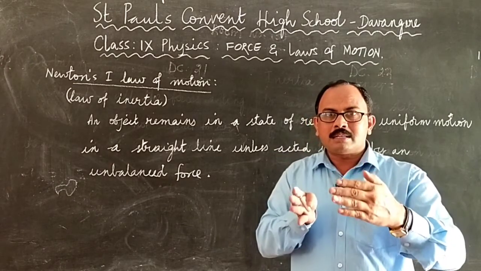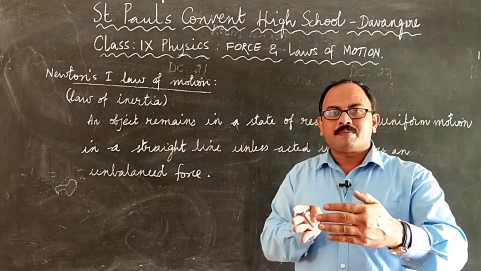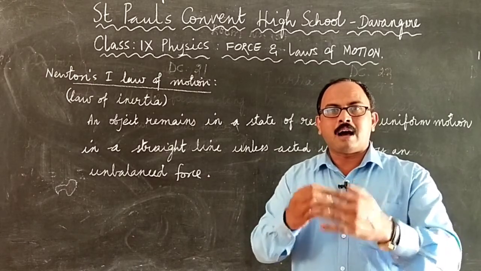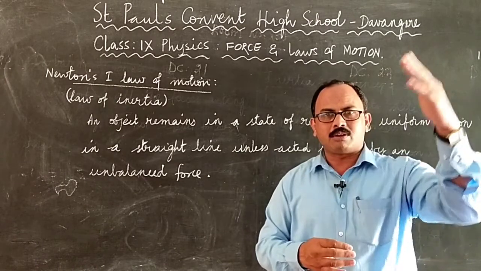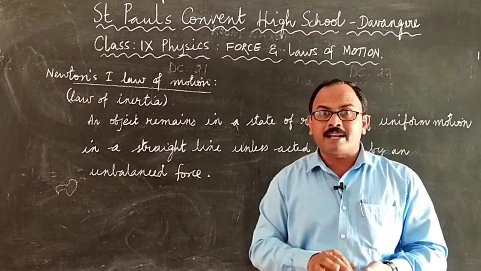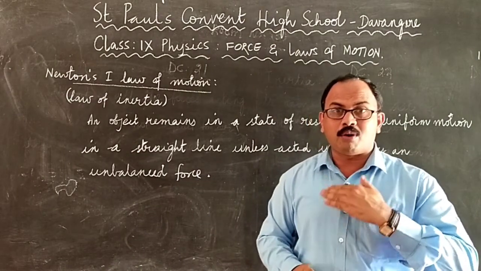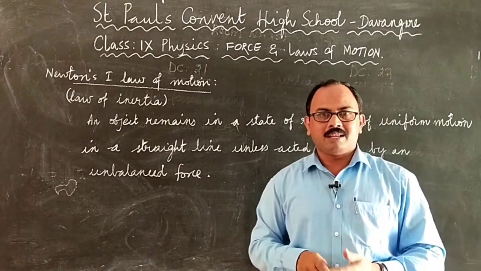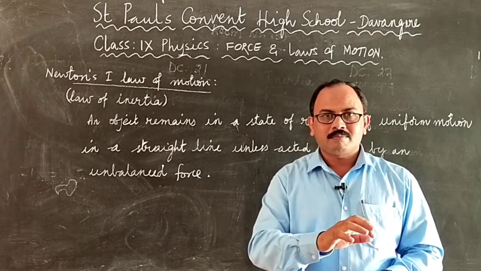The second example: imagine that you are in a car, and it moves with a greater velocity. The driver suddenly applies the brake, then we tend to fall forward. Nobody pushes you.